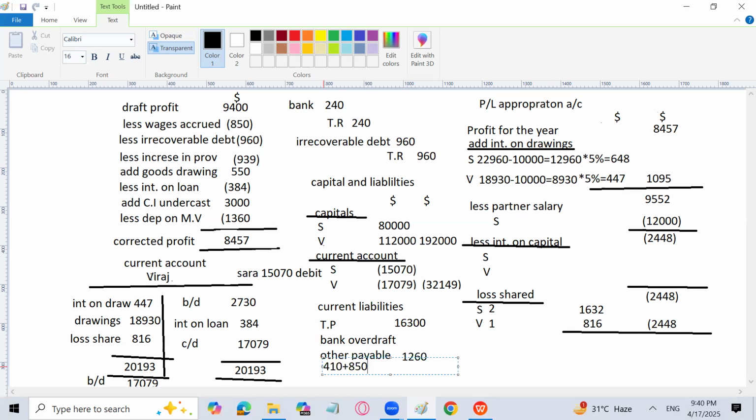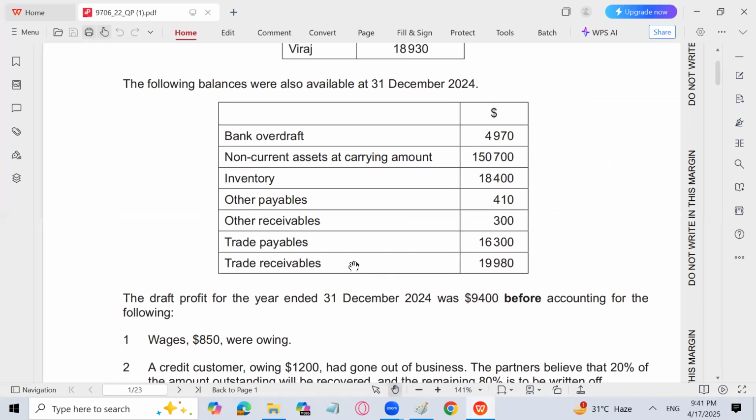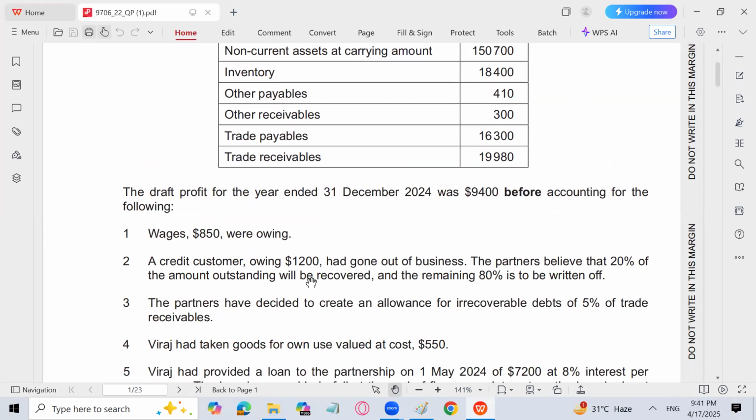Now bank overdraft. Here is the important point. Remember that the bank overdraft is going to decrease. Why, sir? Because a credit customer owing 1,200 has gone out of business. The partner believed that 20% of the amount outstanding will be recovered.